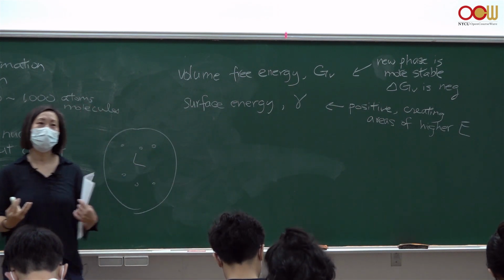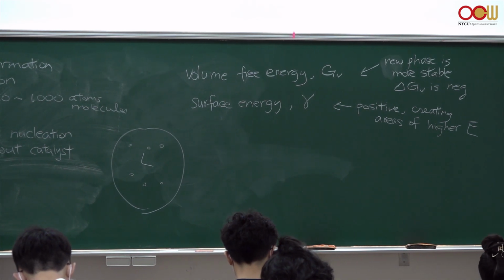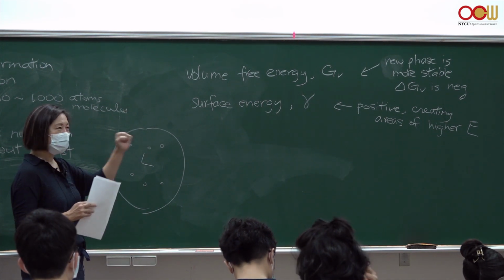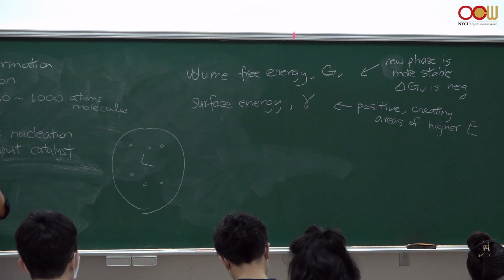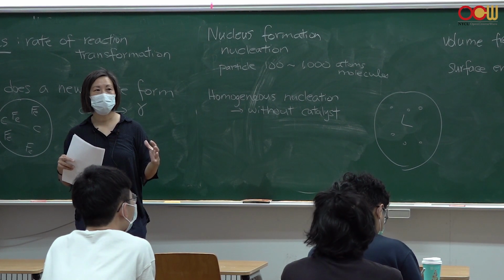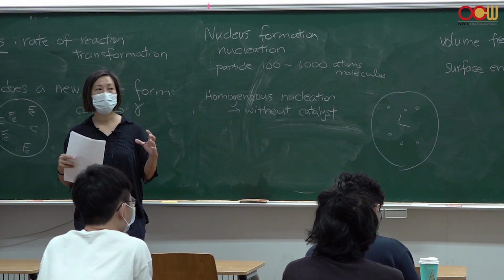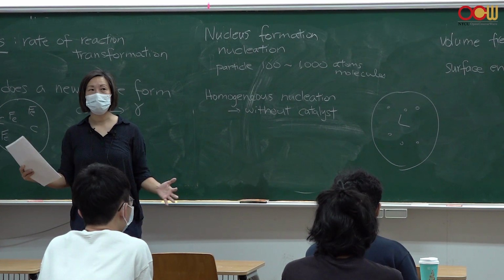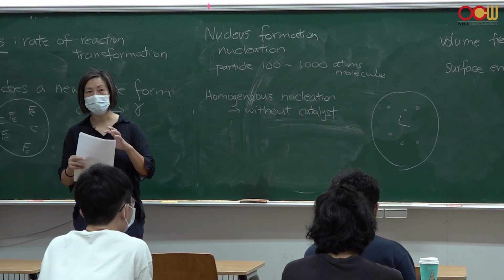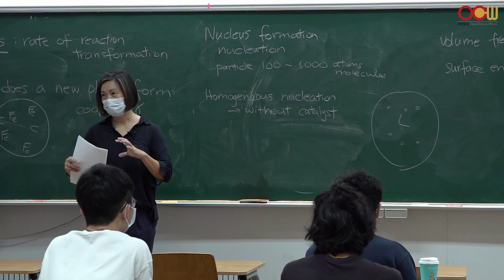So that's what's happening. The competition of energies is happening when you form a new phase, the nucleation. The volume contains areas where you have lower energy. The surface has high energy. So what kind of shape do you think the nucleus will take on? We know the overall system wants to have the lowest energy possible. We're forming a volume that has low energy compared to the system, and a surface that has higher energy.